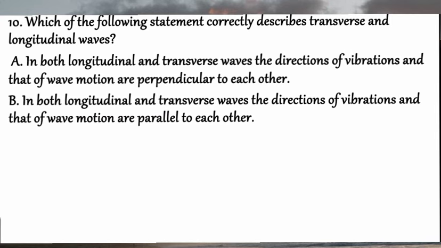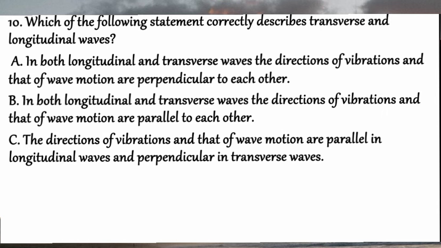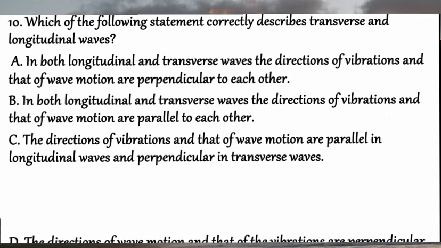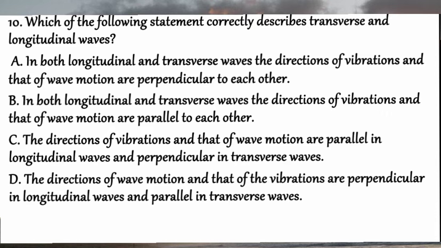B: in both longitudinal and transverse wave the direction of the vibration and that of the wave motion are parallel to each other. C: the direction of the vibration and that of the wave motion are parallel in longitudinal wave and perpendicular in transverse wave. D: the direction of the wave motion and that of the vibration are perpendicular in longitudinal wave and parallel in transverse wave.